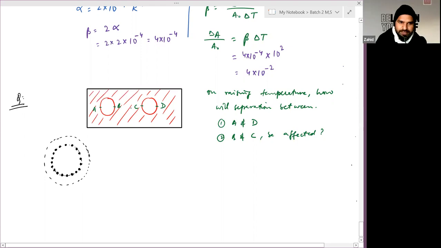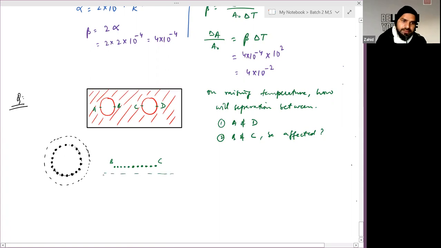Now, let's say between B and C, there will be n number of particles stacked one over another like this. I'm considering just between B and C. So what will happen on increasing temperature? Will the separation between particles increase between B and C or decrease? You'll say on increasing temperature, bonds get weakened, so separation between particles increases.